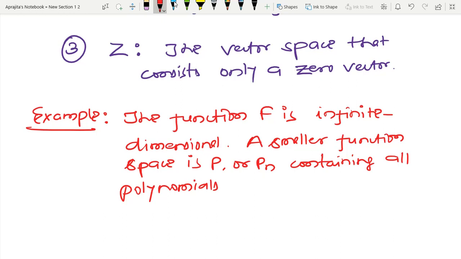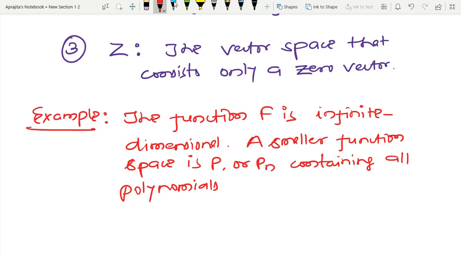So actually the function space is an infinite dimensional space, but it is possible to create some kind of functional space which is just finite dimensional.